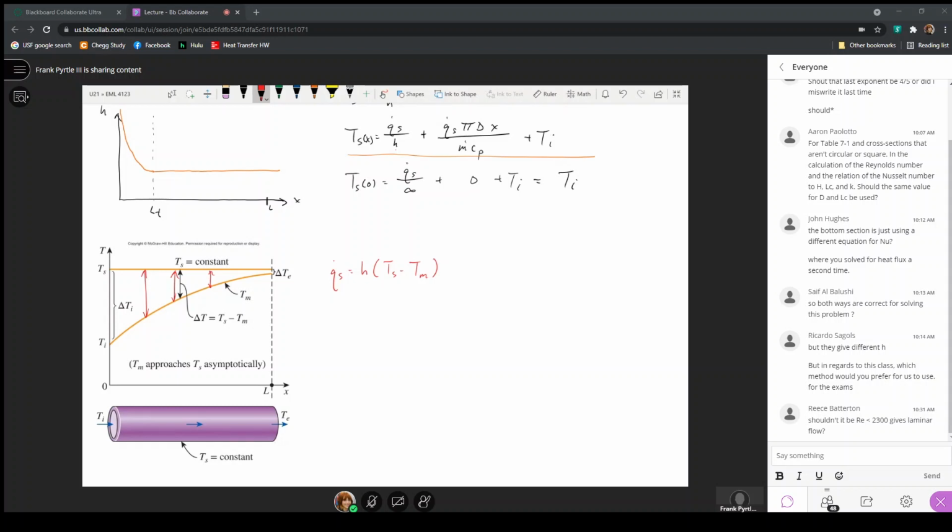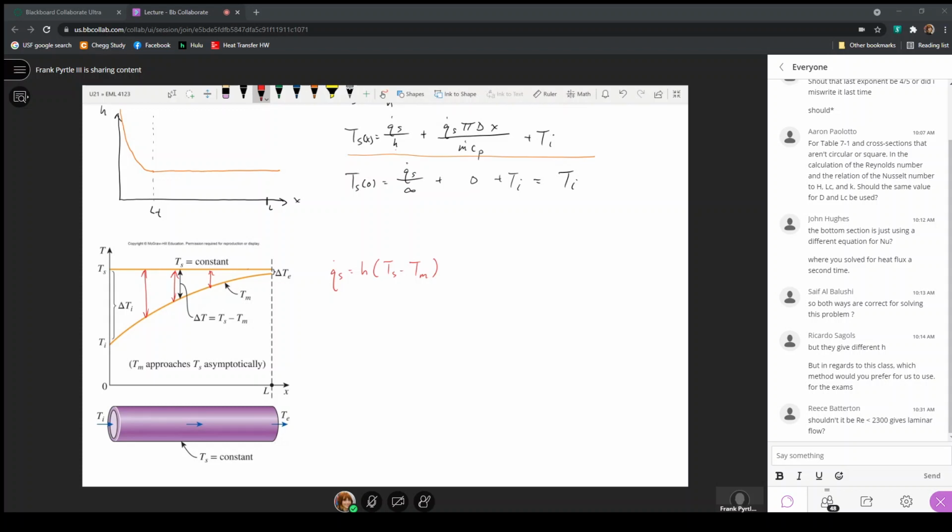If the heat flux is defined by Ts minus Tm, and I make the pipe long enough that the fluid temperature becomes the same as the surface temperature, then at that point I have no more heat flux occurring.